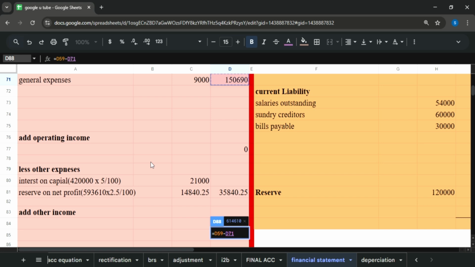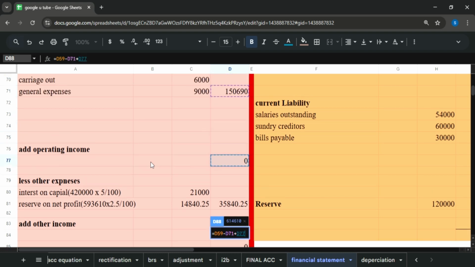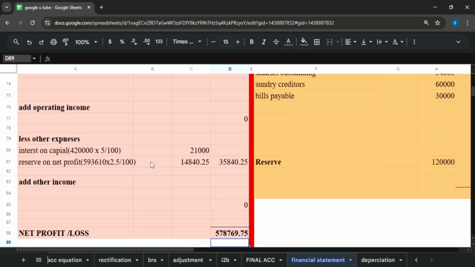Then you need to add operating income, and that operating income is 0. Then you will subtract other expenses 35840, and then you will add other income. So guys, in this way we have got our net profit 578,769.75. We will see it later on.